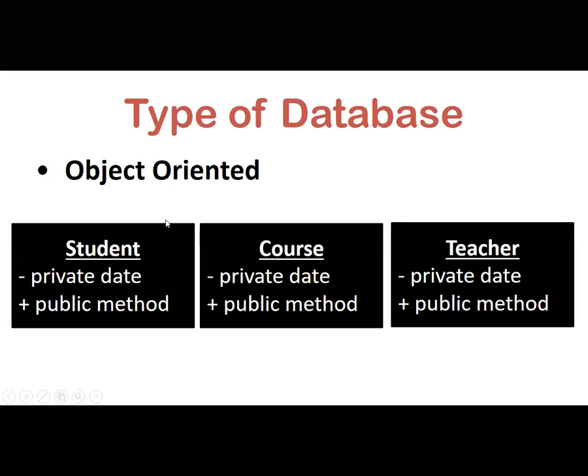This is object oriented. You will learn this object oriented database when you go to higher studies, when you join universities in the future. But according to your syllabus, you have to do the relational one. So we move to the next one.